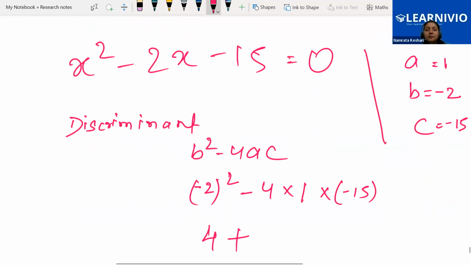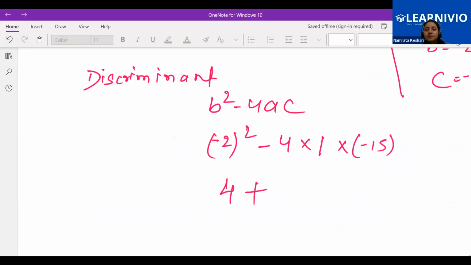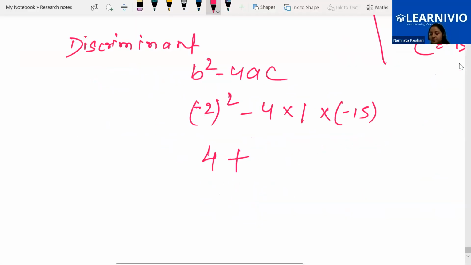Anyone who has done? Zero? 15 four times? 4 into 1 into 15, 15 into 4, 60. And since minus 15 is there, minus minus plus. Padma says first do the multiplication.